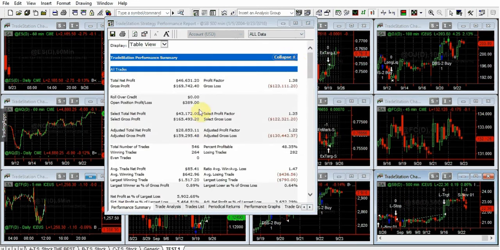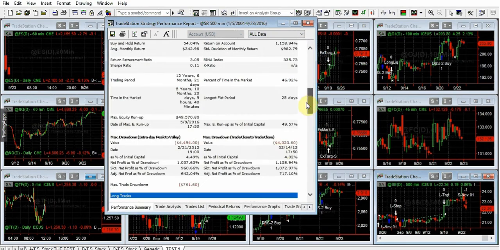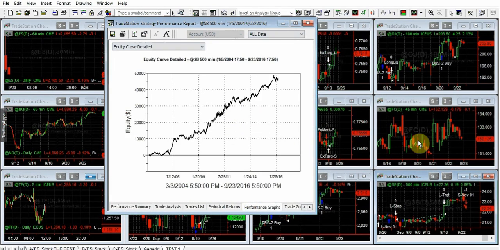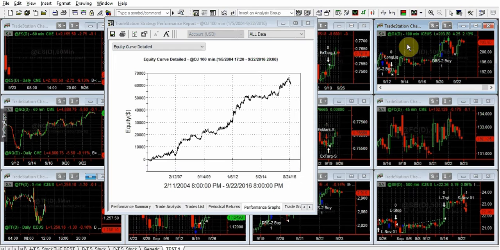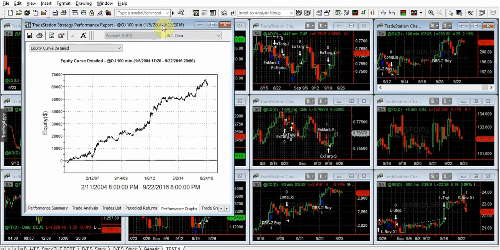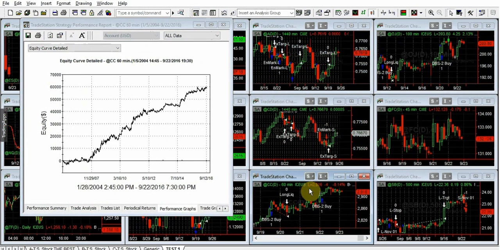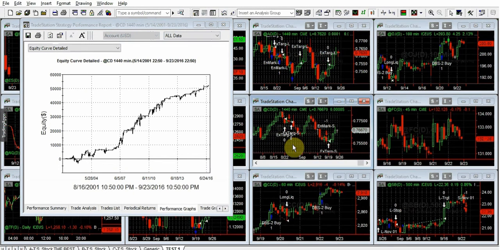I don't want to bore you with every single metric, but once again, if you are interested in a specific strategy, a specific instrument, or a specific portfolio, just send me an email and we will try to understand what your needs are. So here, for instance, we have sugar 500 minute, feeder cattle 45 minute, frozen concentrated OJ 100 minutes, cocoa 60 minutes, and then from commodities we move to the currencies, such as Canadian dollar.